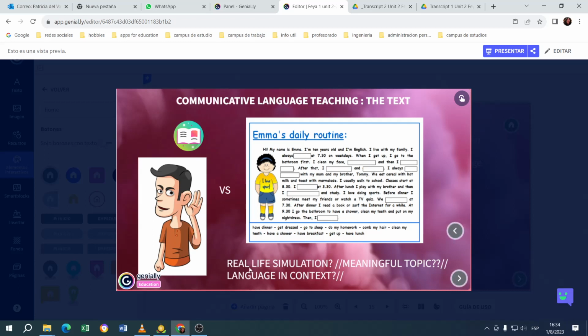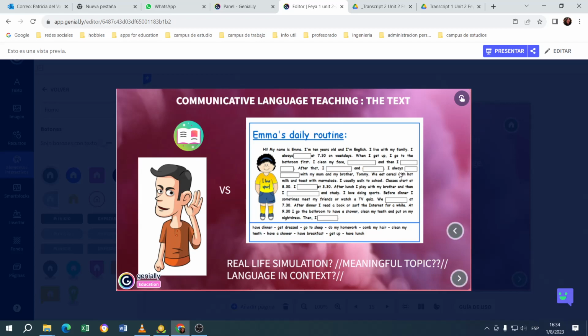Which one represents a situation in life? Do we fill in the blanks of texts in real life? Do we go from here to there doing things like this in our daily life? How often do we do it? Why do we do it? We don't do it really.